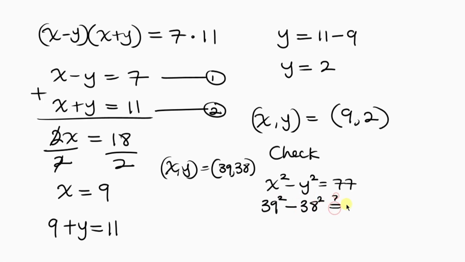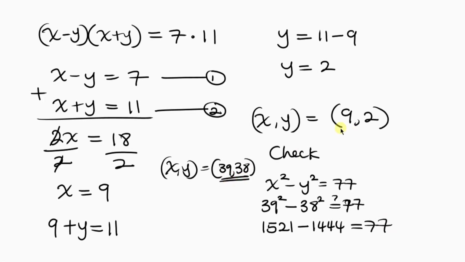Will this be 77? 39 squared is 1521, minus 38 squared, which is 1444. And when you subtract these two, we get 77. So this pair of values is correct.